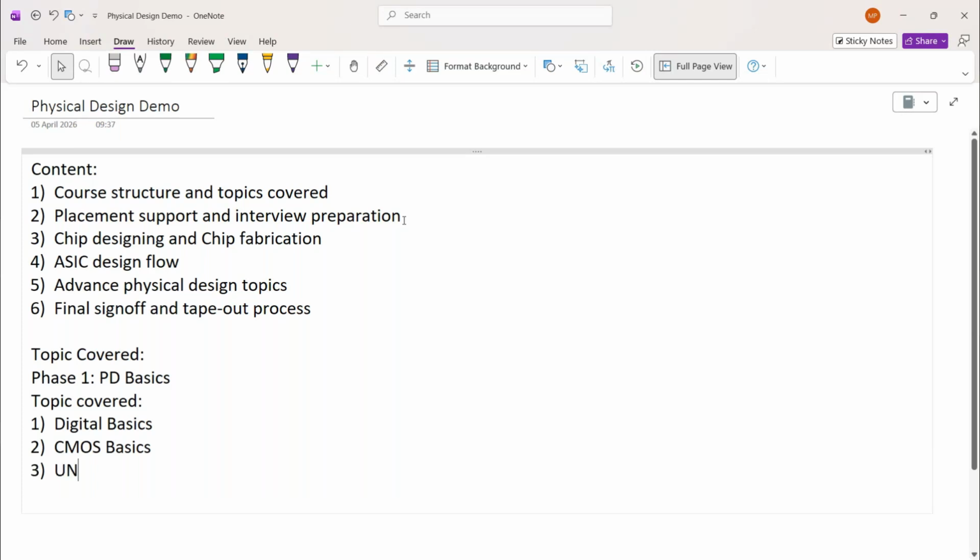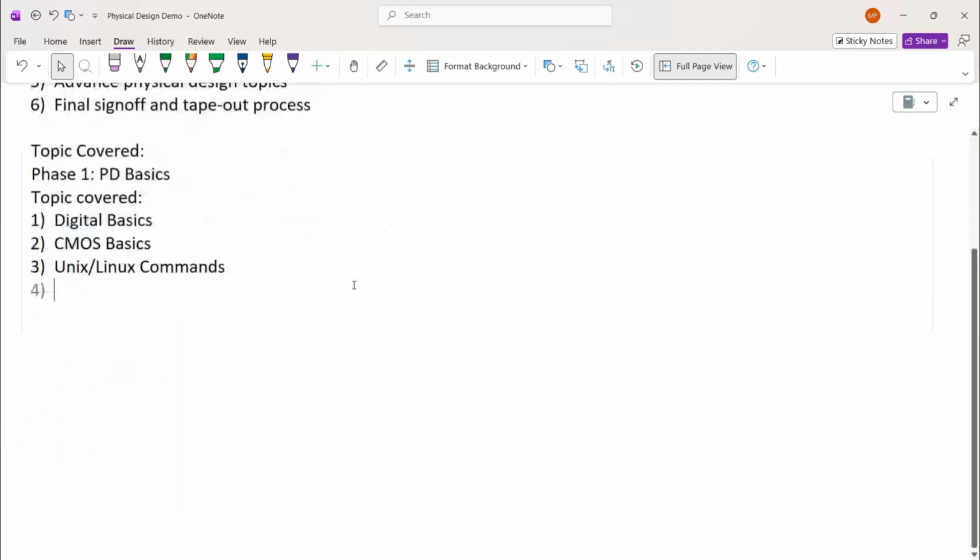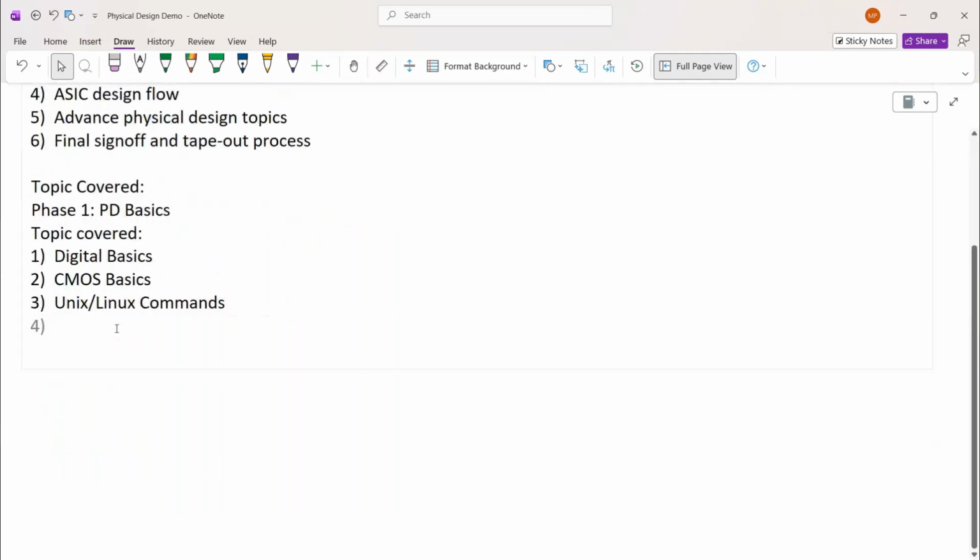Then Unix or Linux commands. So these will be covered. I've given you the idea also of why we are covering these things.